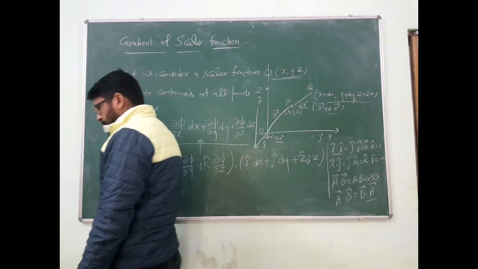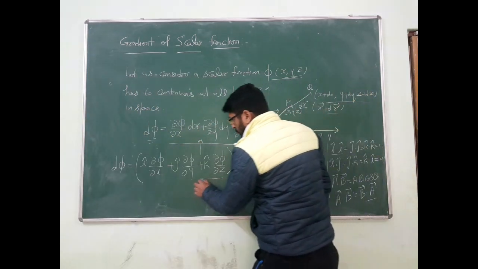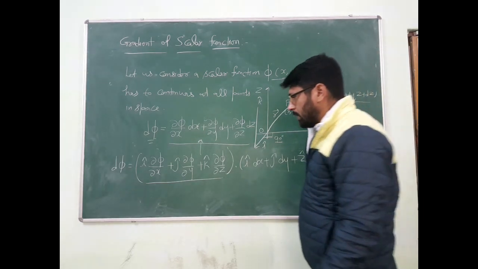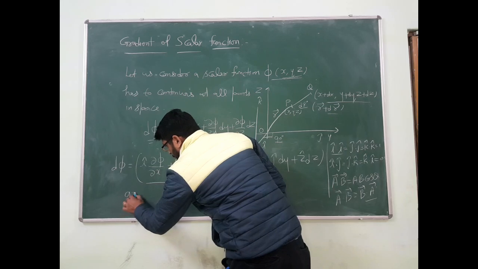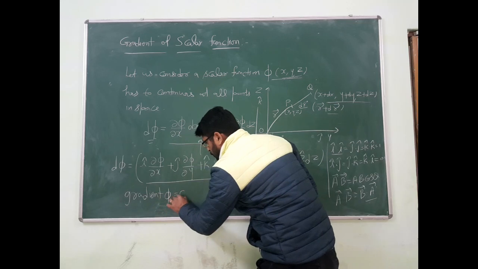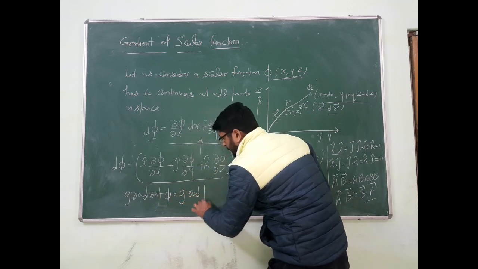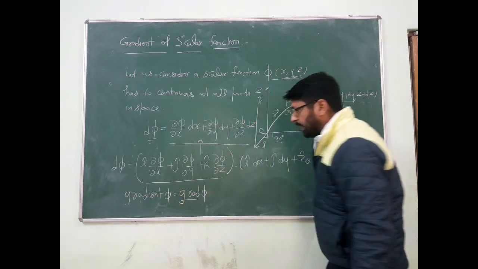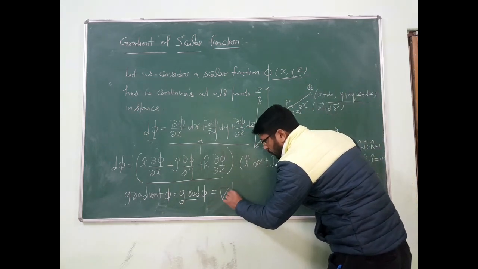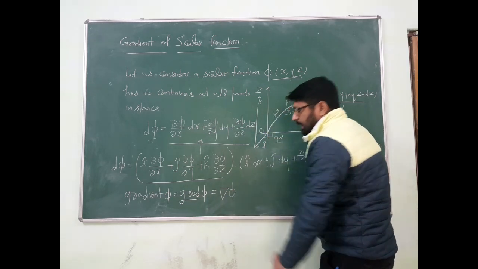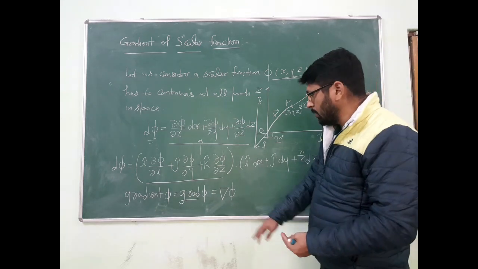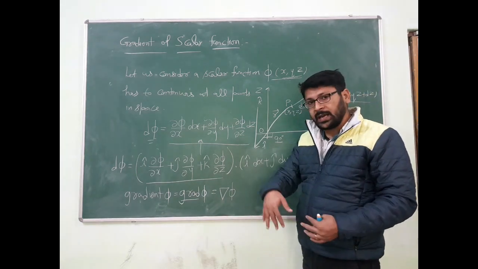Using this dot product property, this term can be written as the dot product of these two terms. This first term we now call the gradient of phi, or in short, grad phi. More in general, the symbol we use for grad is a triangle in the downward direction, not in the upward direction.